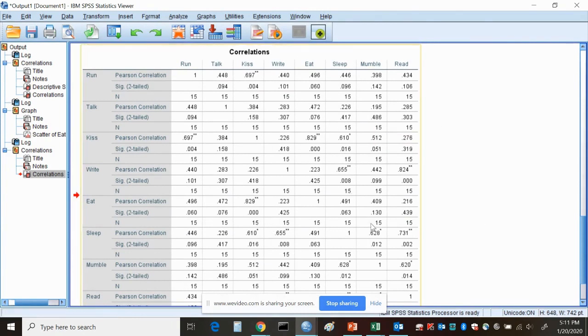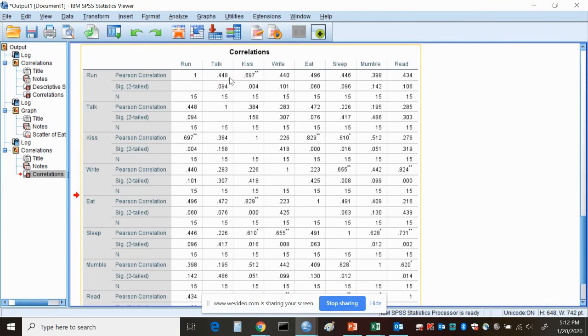So as this is the mirror image, we don't have to look at both sides, we can just focus on 1. And so what's nice about this is that you can really look at the relationship of many variables at the same time. Let's go across and look at run. So obviously it is perfectly correlated with itself.